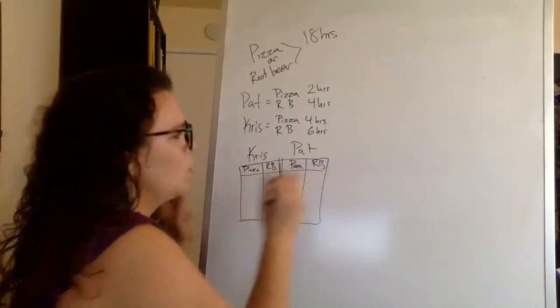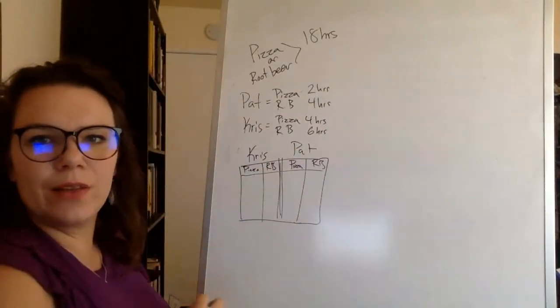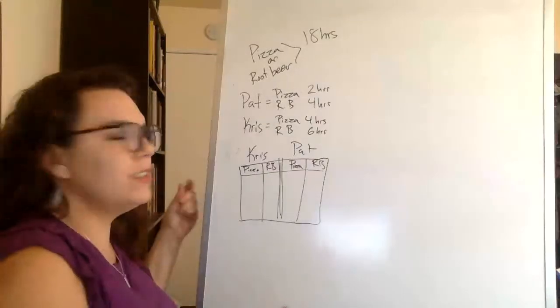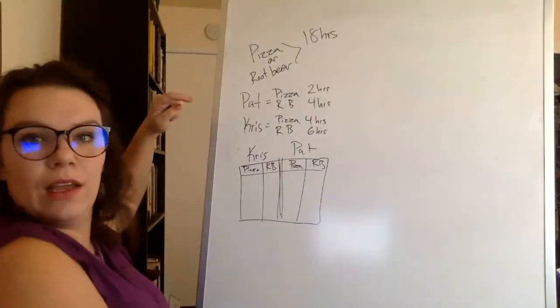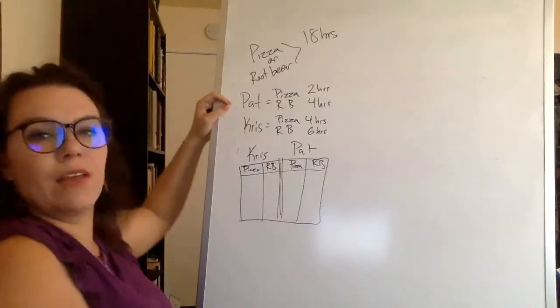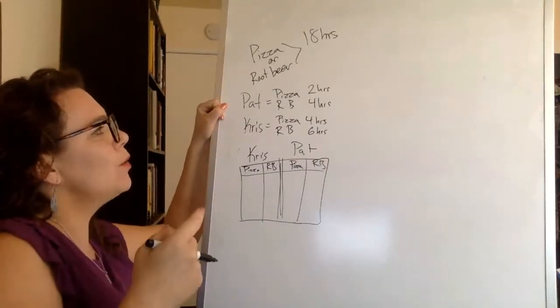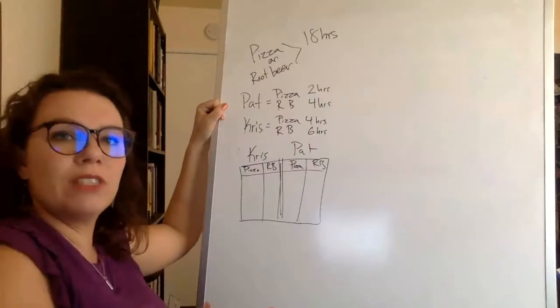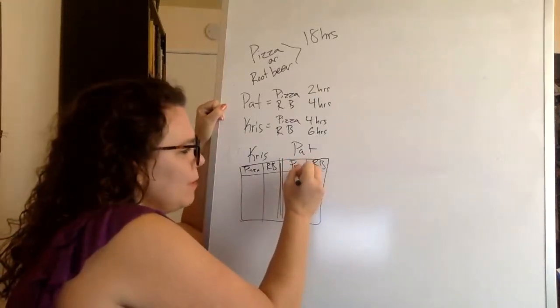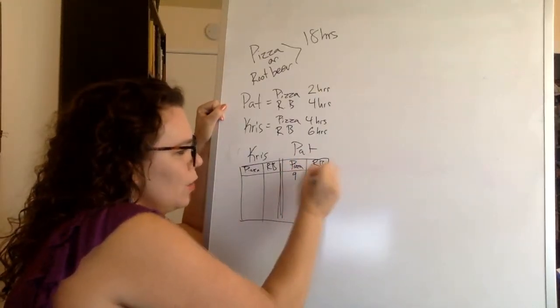So Pat can either spend all of their time making pizza. They've got 18 hours to make pizza. It takes 2 hours to make each pizza, so that would be 9 pizzas and 0 gallons of root beer.